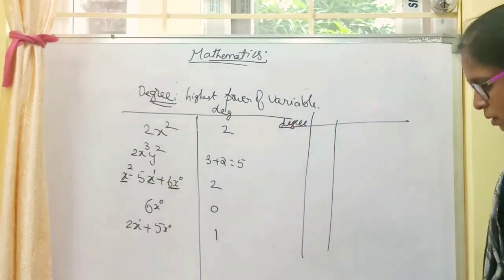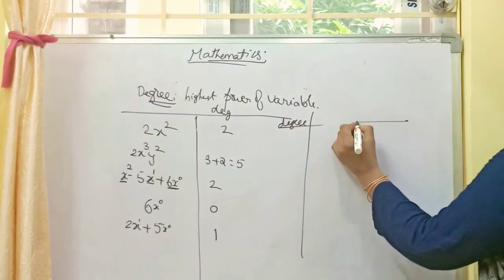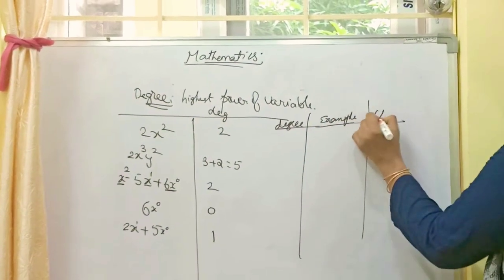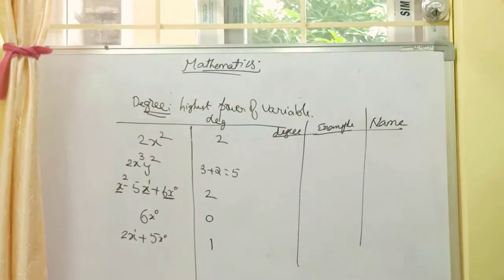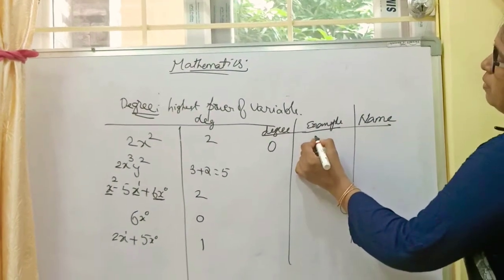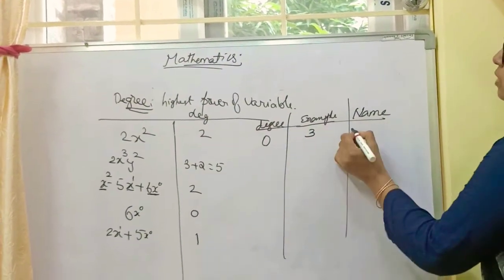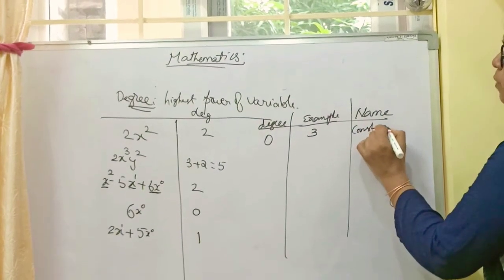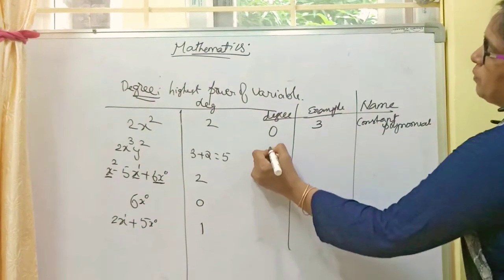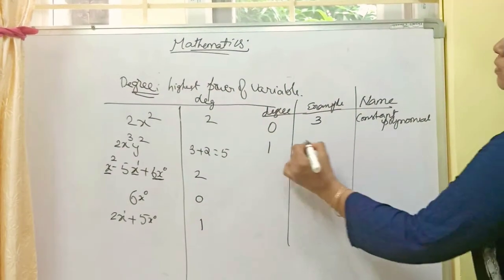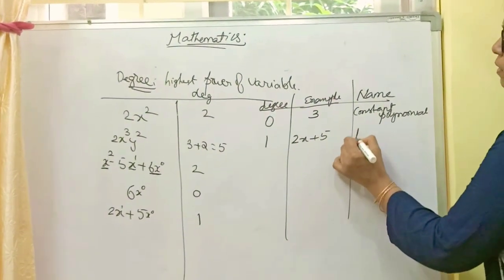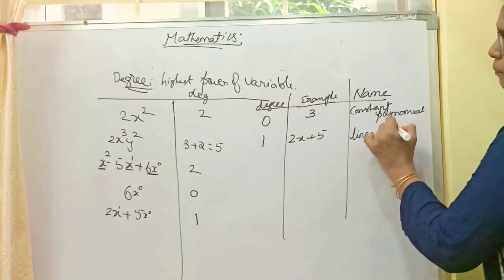Degree, example and name. If the degree is 0, what is the example? 3, that is a constant. So this is called a constant polynomial. If the degree is 1, example 2x plus 5, it is called a linear polynomial.